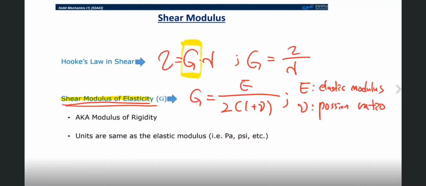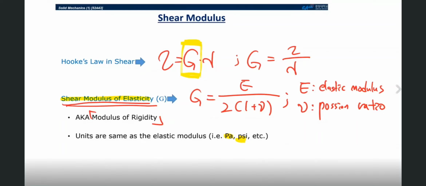Alright, and sometimes we can call it aka modulus of rigidity. Modulus of rigidity can be identifying the shear modulus of elasticity, and the unit of this shear modulus is the same as the elastic modulus, right? So same as the elastic modulus, we can use Pascal or psi, something like that.